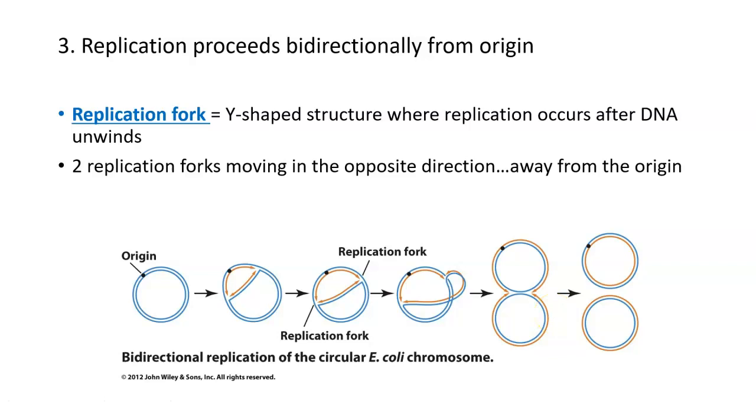And so the fact that replication is semi-conservative and reuses one old piece in the synthesis of a new piece of DNA, the fact that replication starts from many origins, and the fact that replication proceeds in a bidirectional way, or in two directions from those origins, all make replication happen a lot more quickly inside of our cells.